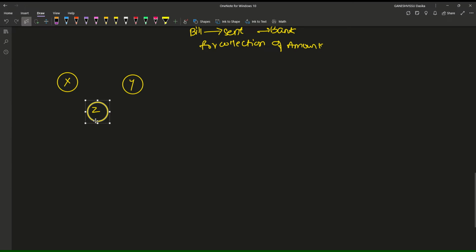X sold, that means Y purchased from X. And Z sold to X.